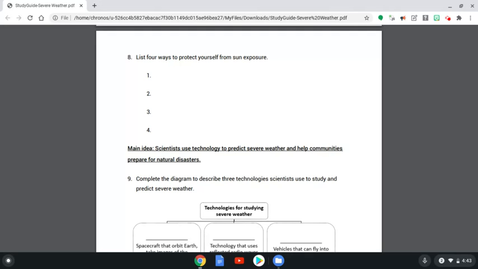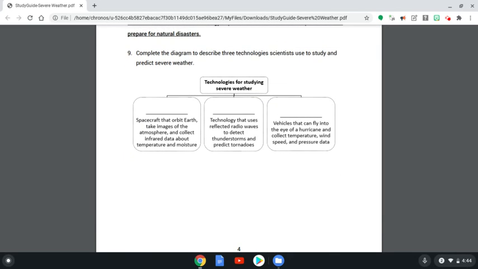Main idea: scientists use technology to predict severe weather and help communities prepare for natural disasters. So spacecraft that orbit the Earth and take images of the atmosphere, collect infrared data about temperature and moisture. Those would be satellites. Radar is technology that uses reflected sound waves to detect thunderstorms and predict tornadoes.